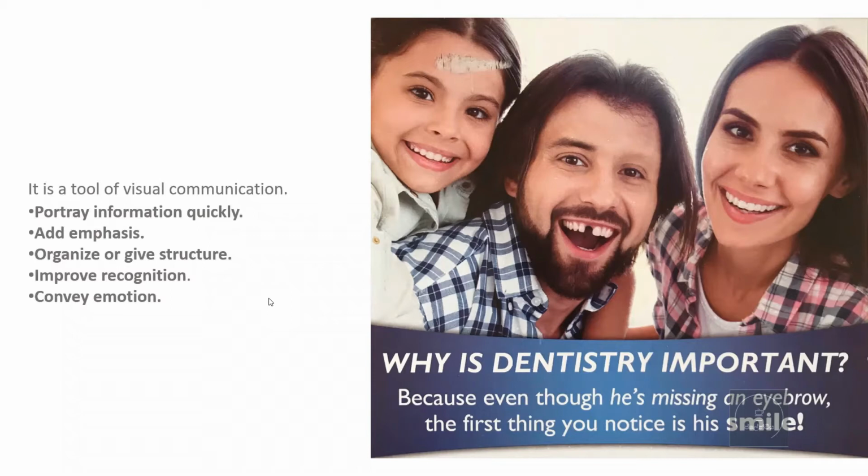Because of that emphasis that the color difference has created, we notice one thing before we notice the second thing. So the correct use of color can tell a viewer what to notice first. Sometimes in posters and advertisements, brighter and bolder colors are used to grasp a person's attention.